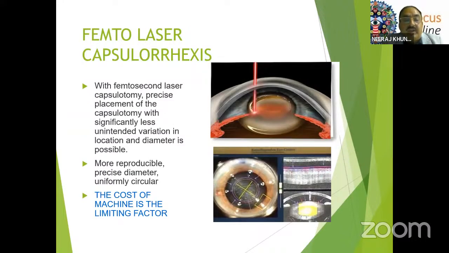The femtolaser capsulorhexis, we know that it can give you precise placement with significantly less unintended variations in location and diameter, more reproducible, precise diameter, uniformly circular. The cost of the machine is the limiting factor.